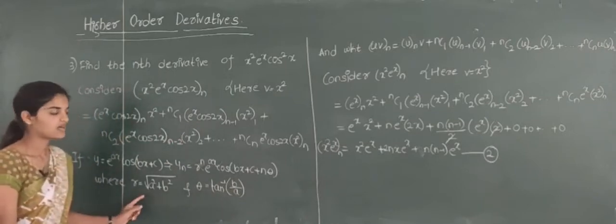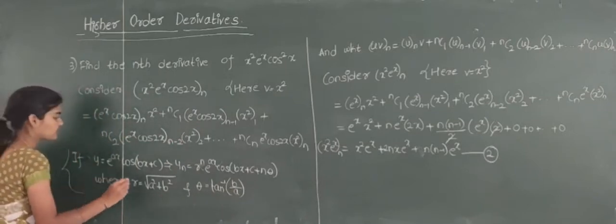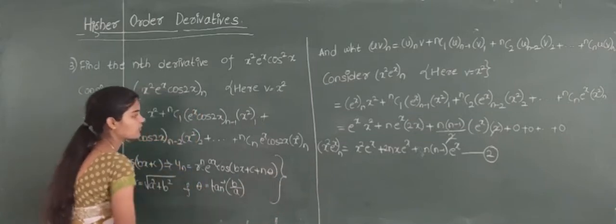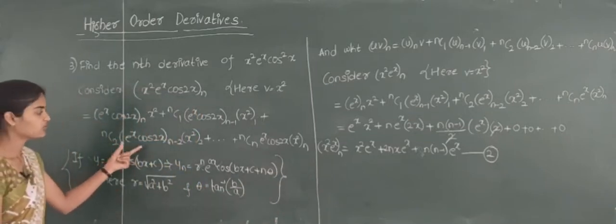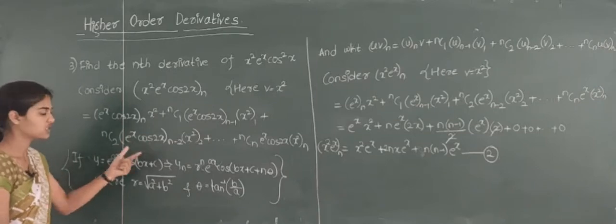So this is our r and theta. So I will take it in the bracket, and by using this formula we have to get the nth derivative and n minus 1th derivative of these terms.